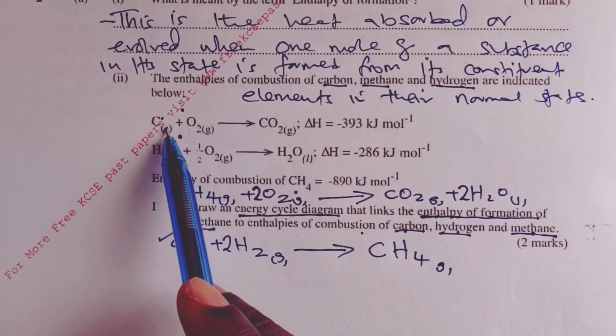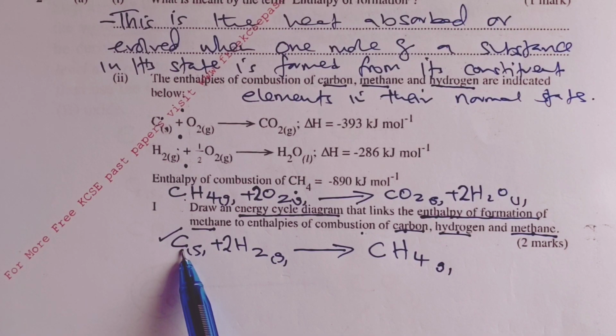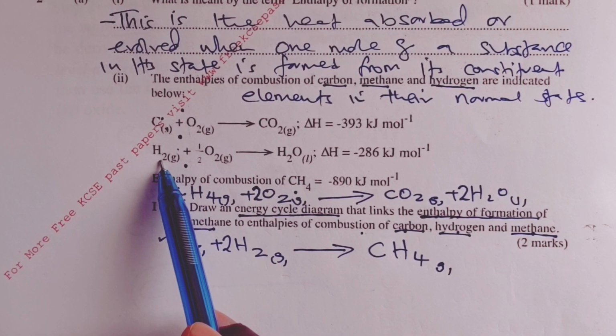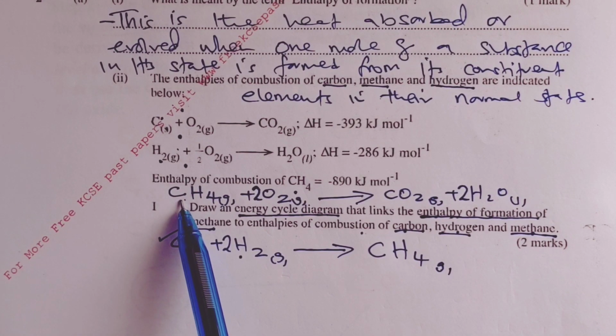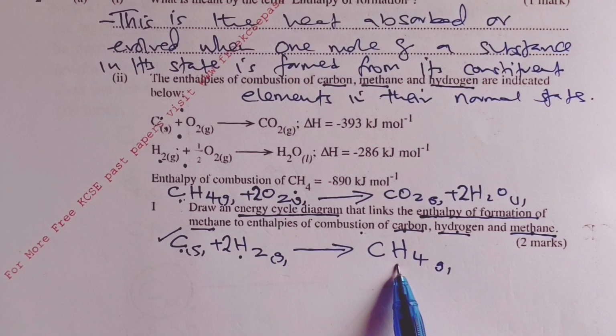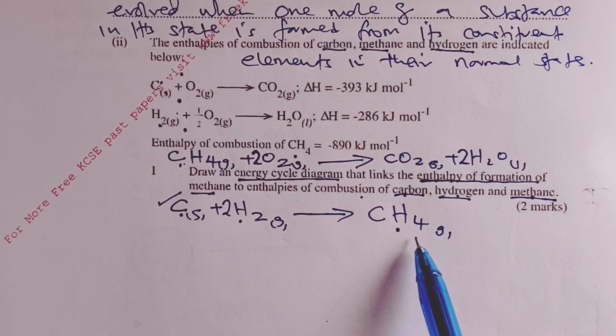So equation 1 having carbon will be derived from here. Equation 2 having hydrogen will be derived from here. And equation 3 having methane can be derived from this end. So we shall go ahead and draw an energy cycle diagram with this one as the main root.